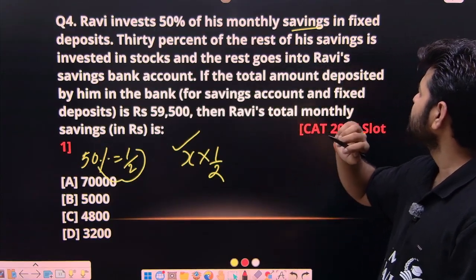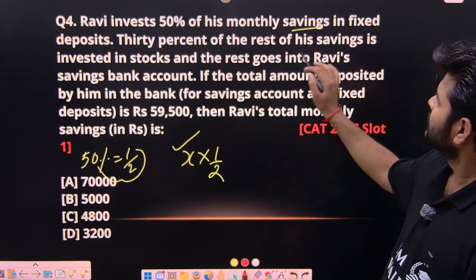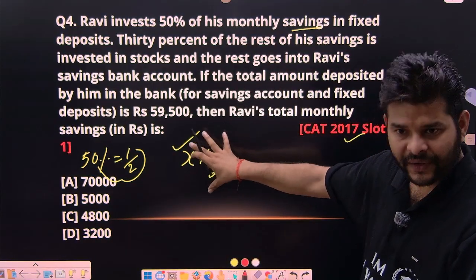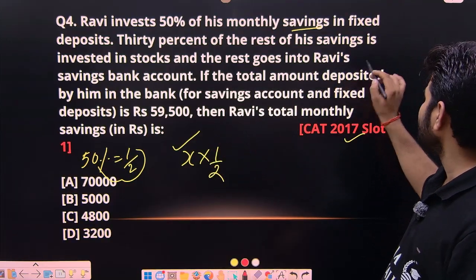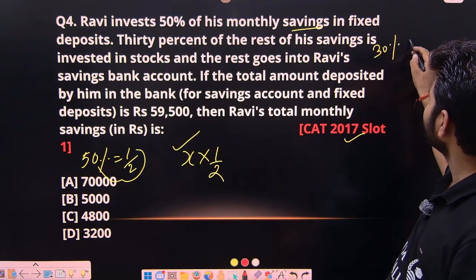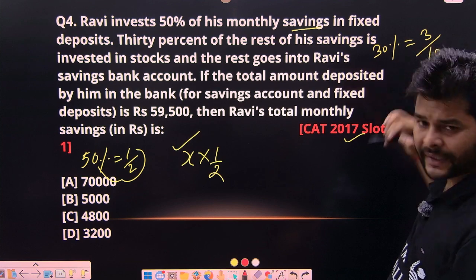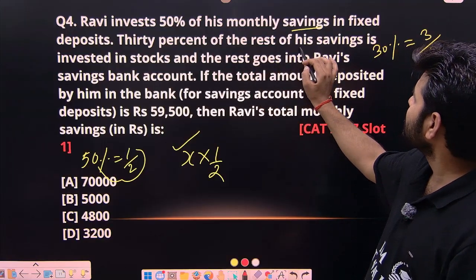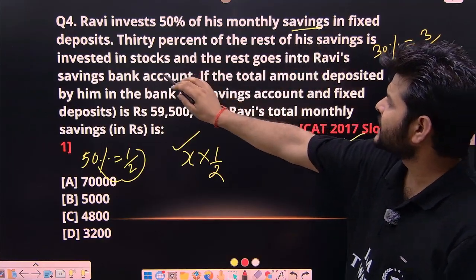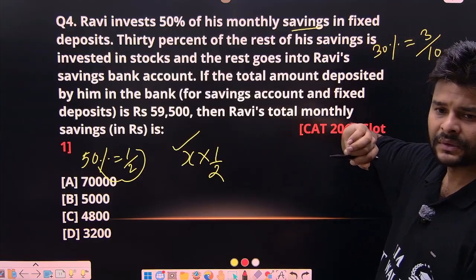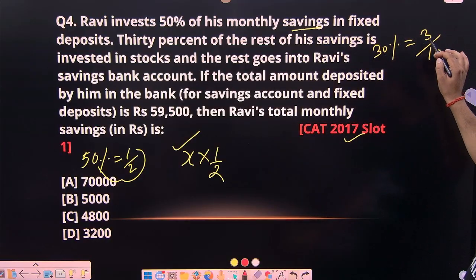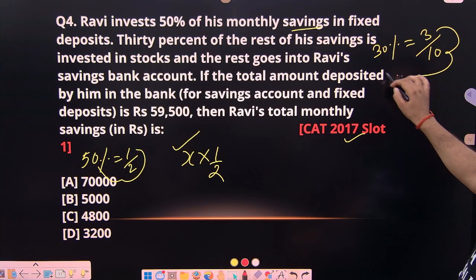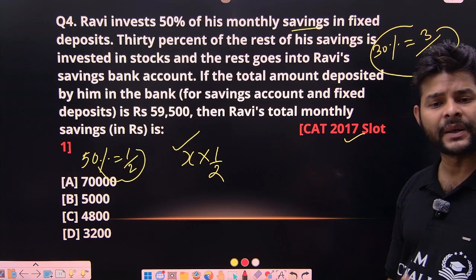Now what does he do? 30% of the rest, 30% of this value. So what is the 30%? 3 by 10. That means 30% of the rest of his savings is invested in stocks. So 3 out of 10 is invested in stock. So what would be the remaining?